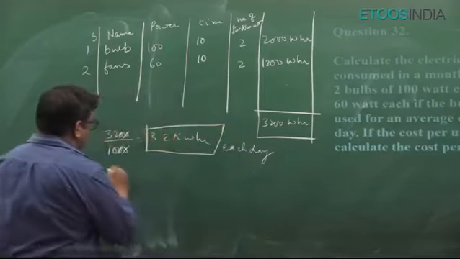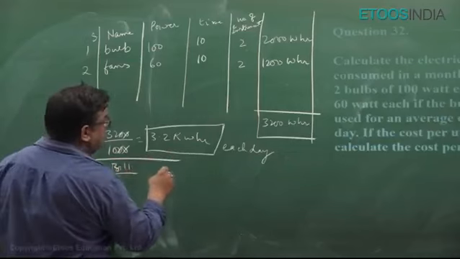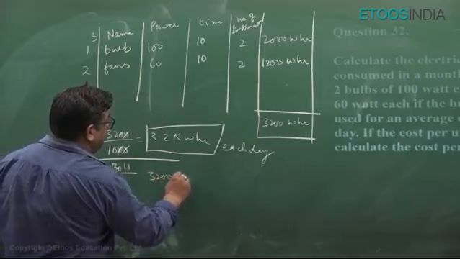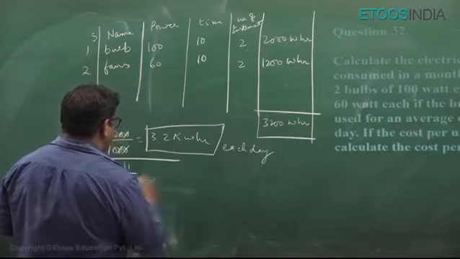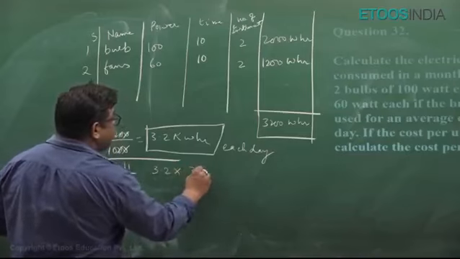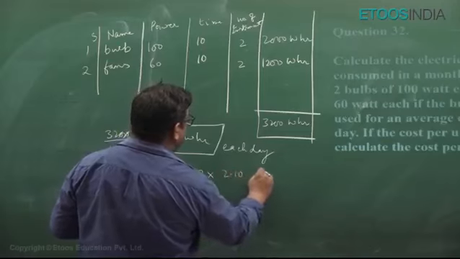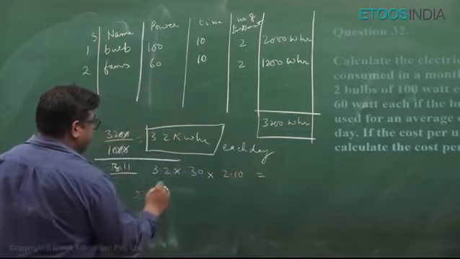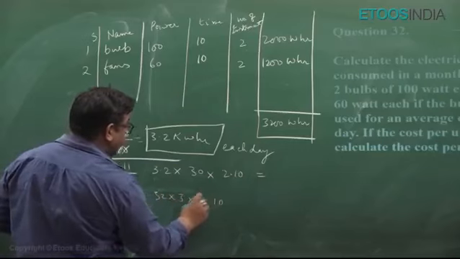So for the bill, I'll multiply 3.2 into 30 into the average cost, which is 2.10. So the answer will be 32 into 3 into 2.10.